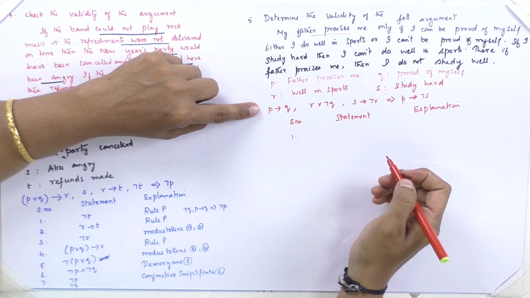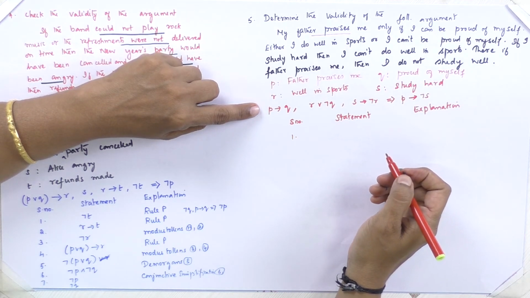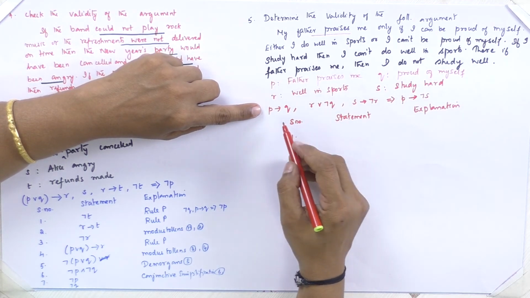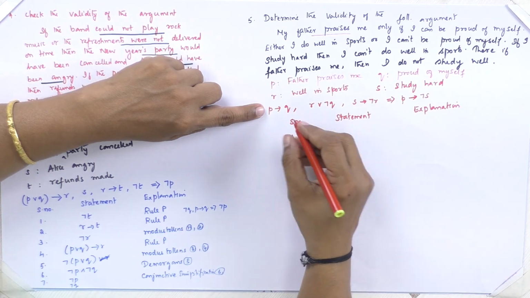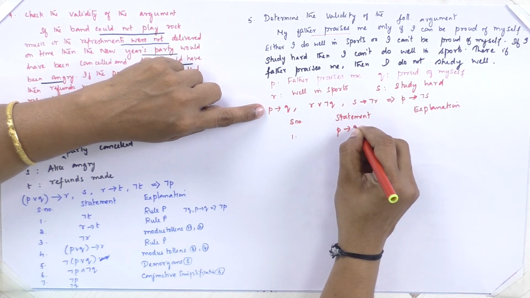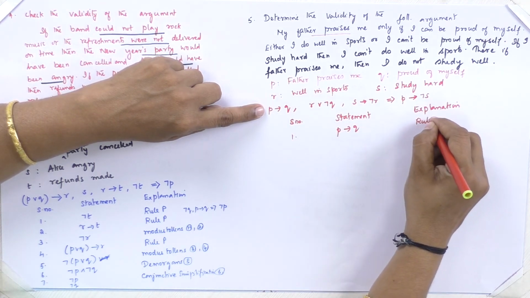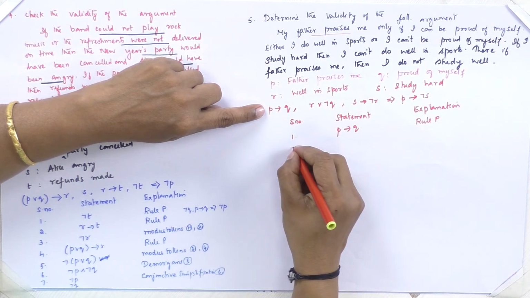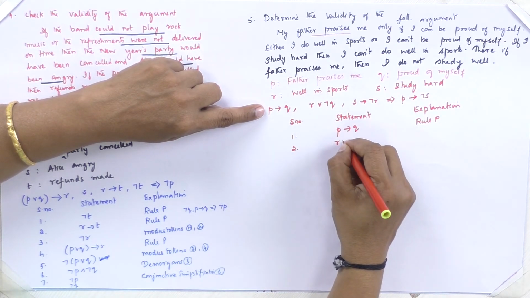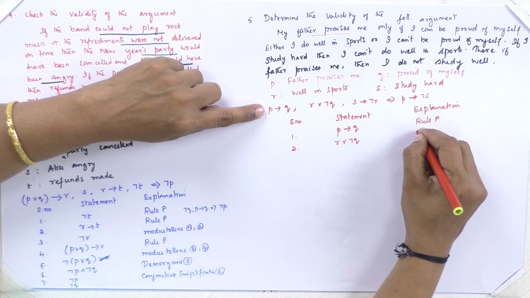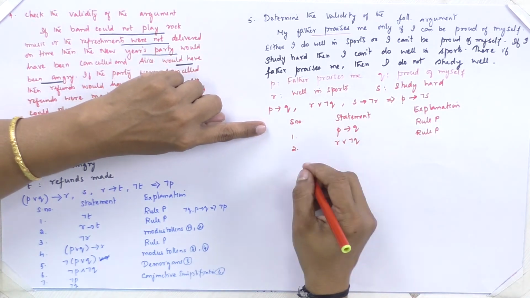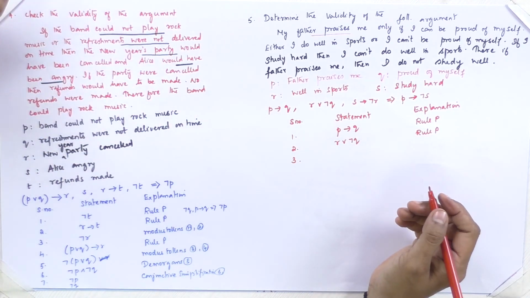We will have to see which premises we can take first. Now we will have here P conditional Q. Let me take this P conditional Q as it is. That is rule P, and again this R or negate Q, that is also rule P. Now we will have to apply the logical laws.